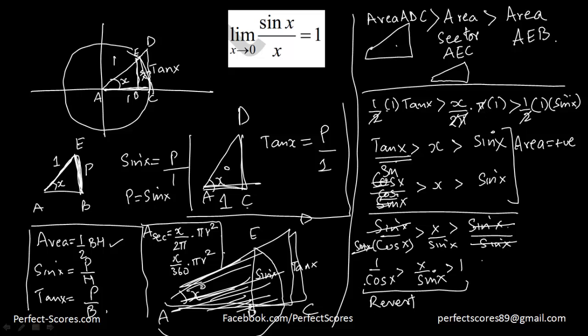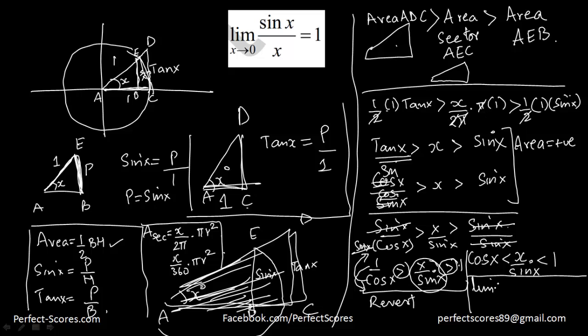I'm just going to bring the denominators to the numerators and the numerators to the denominators, which would change these signs, right? So from here I'm going to get cos x to be less than x by sine x, which is less than 1.